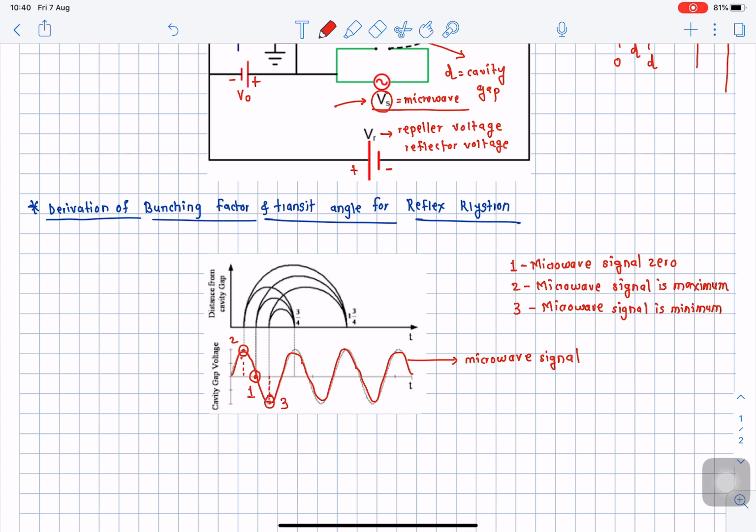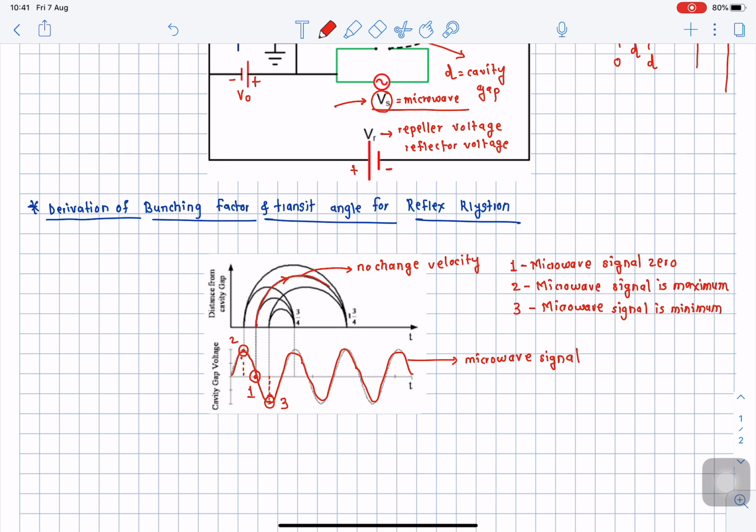So if we take the example of the first case where the microwave signal is 0, at that time the velocity of the electrons remains unchanged, and the electrons will travel through the cavity gap in this way. This particular one is no change in electron velocity, the middle one, which I denoted with a red color.